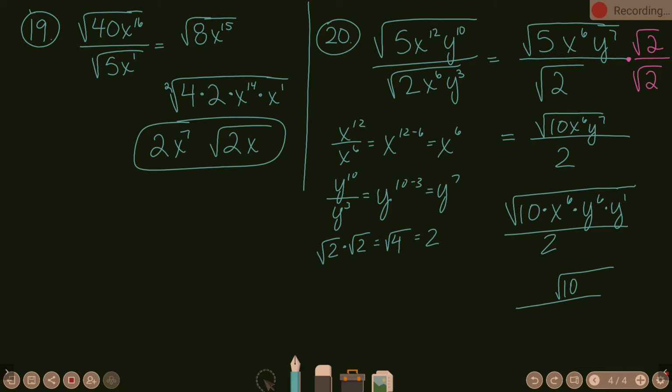Divide by 2, and 6 divided by 2 is x to the 3rd. Y to the 6th. Divide by 2, 6 divided by 2 is y to the 3rd. Y to the 1st. Can't do it, it stays under the radical. And don't forget, you still have a 2 in the denominator.